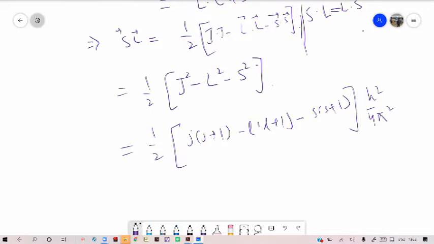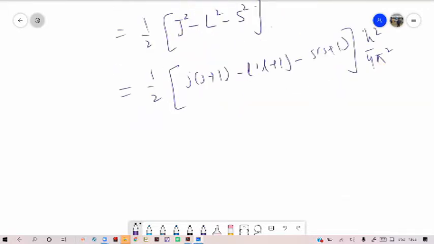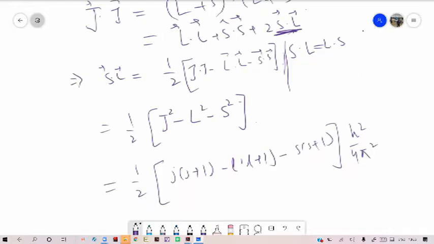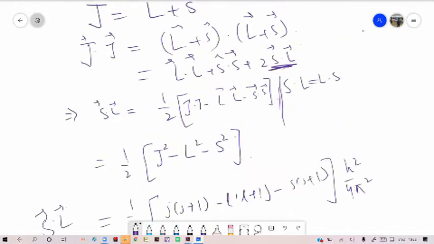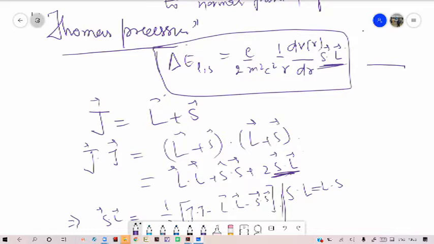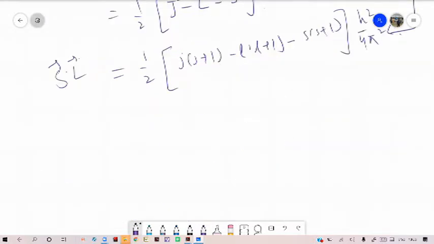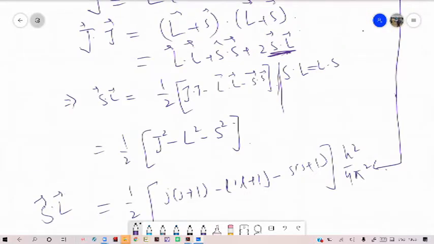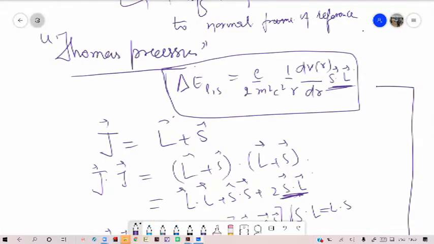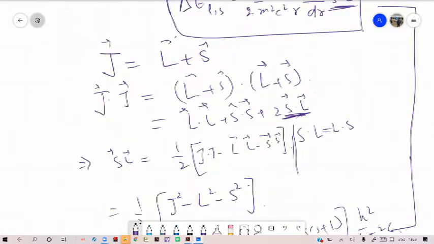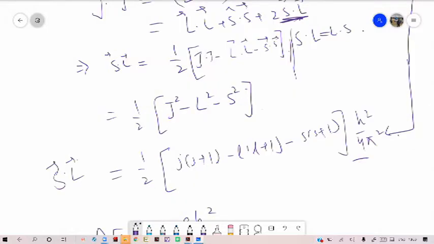Now we can use this value of S dot L in the above equation. What we get is delta E L comma S is equal to e h square by 16 pi square, because 4 is here and 4 will be there, and 2 and 2 is outside here. This 2, this 4, 8, 8 2s are 16.